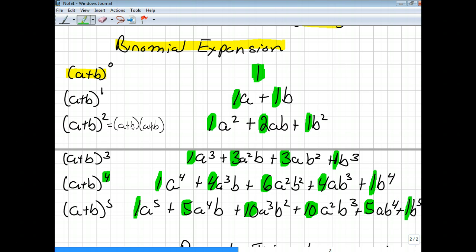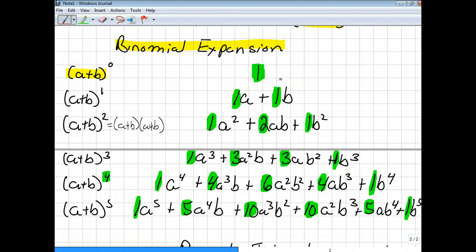Now you should notice here that there are several patterns going on. Each of the outer numbers is 1, both this way and this way.